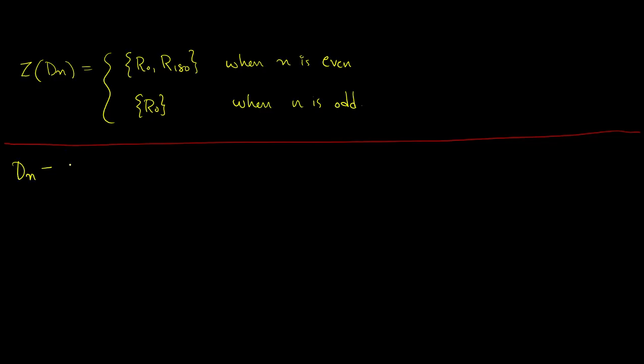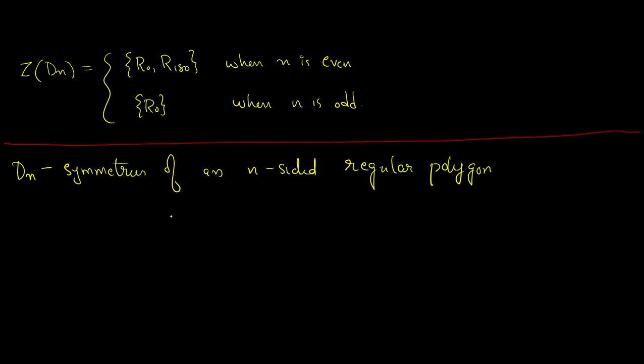Dn is the set of all symmetries of an n-sided regular polygon. Okay, and this will consist of rotations and reflections.